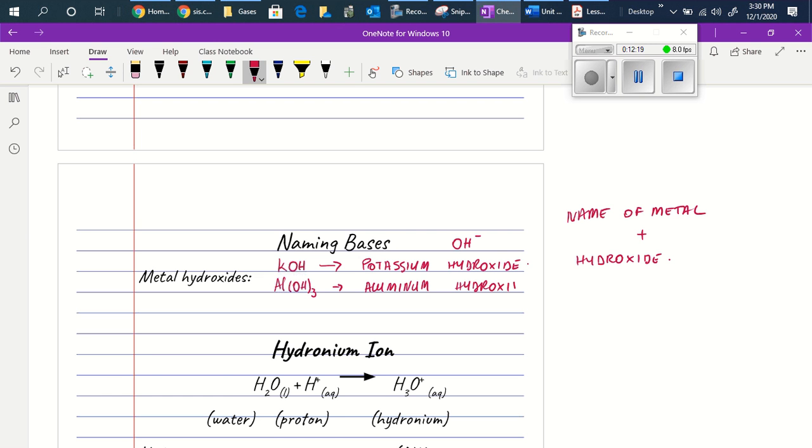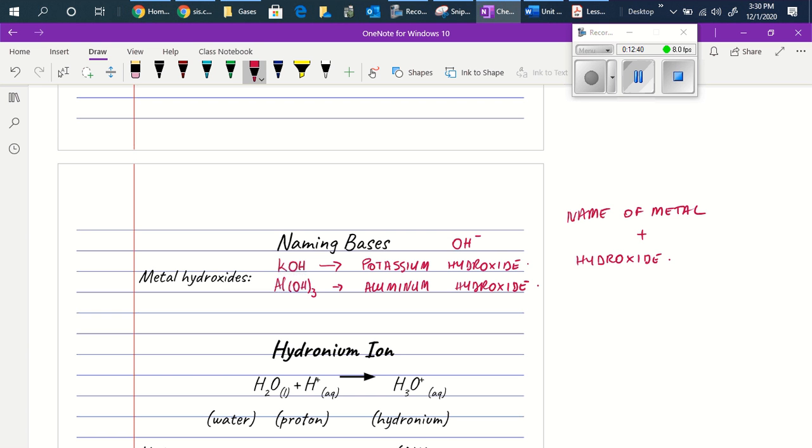Bases are easy to label, versus acids. When we have the acid name, we have to see whether it is an element with hydrogen or a polyatomic ion.